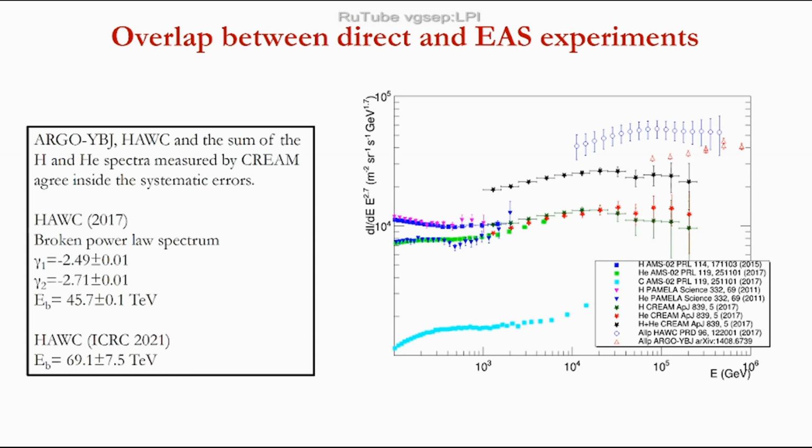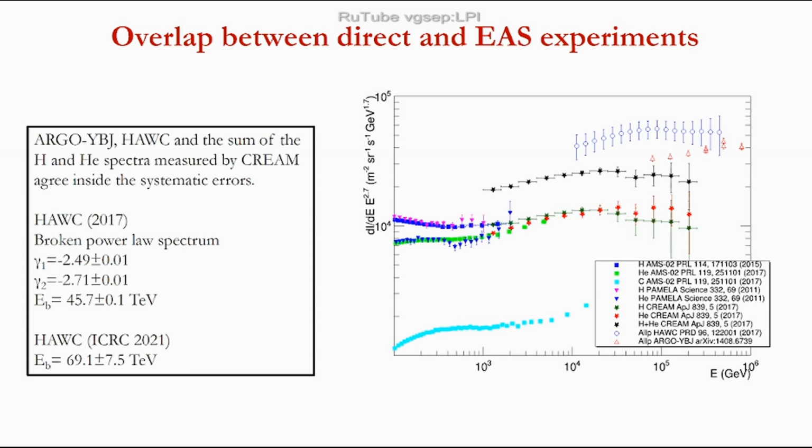Even from this measurement at low energies with a high altitude experiment that has the chance to use the moon shadow displacement to check the energy scale, there is an energy scale calibration issue. And this is shown by the differences between the Oak and the Argo data points in this plot. The Argo data points seem to agree better with the direct measurements. Our Oak data are a little bit higher, but as we have seen before, if we take the NUCLEON and ATIC data, then the Oak data agrees with these experiments, and the Argo are a little bit lower.